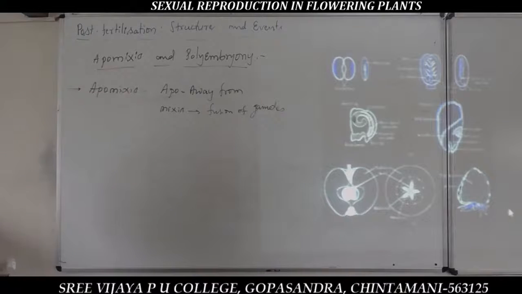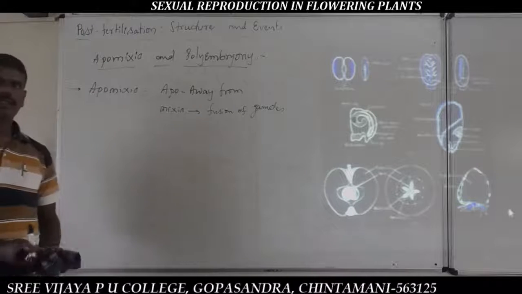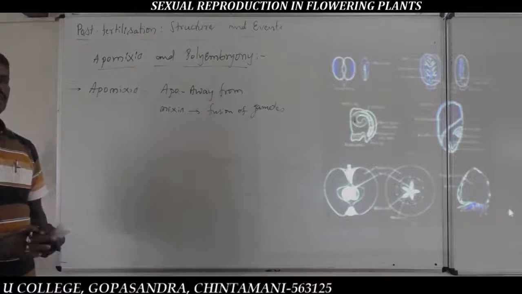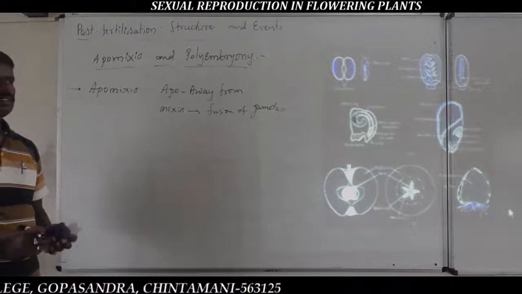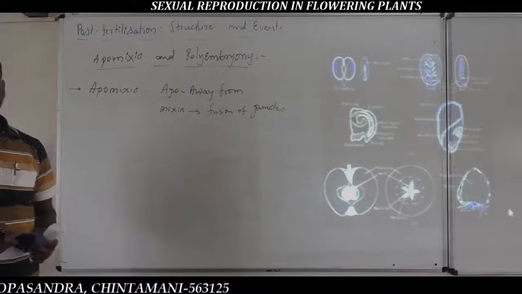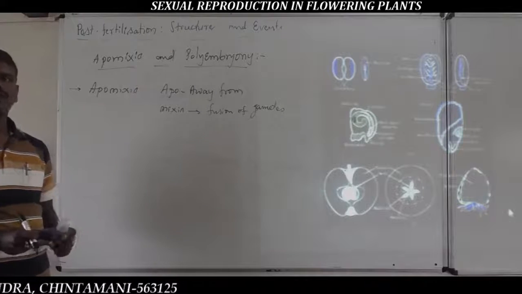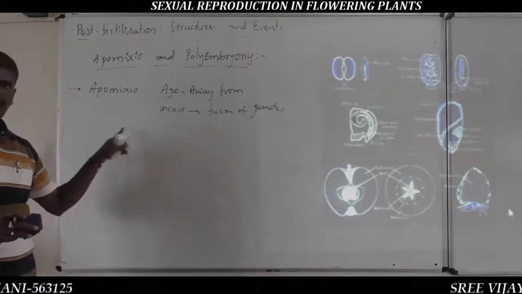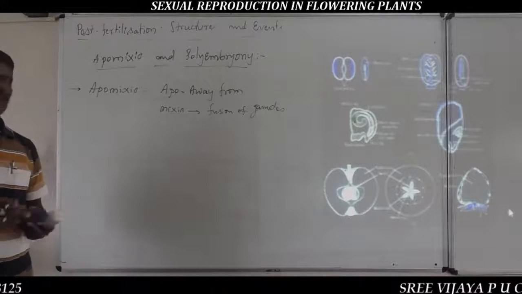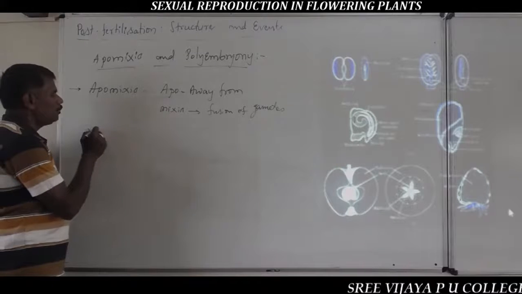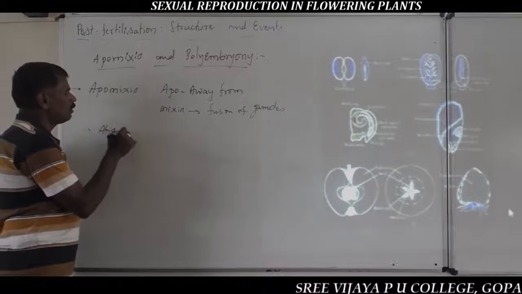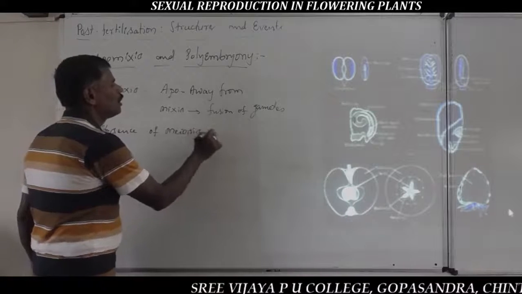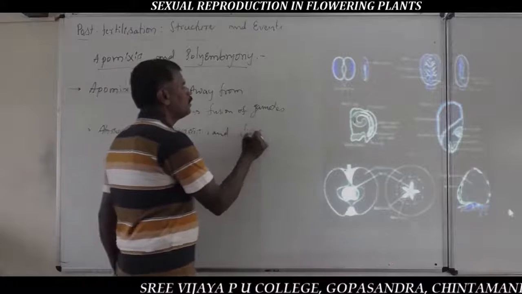So in most of the angiospermic plants, the seed is formed after fertilization, the ovules developing as seed. But in these, there is absence of meiosis and syngamy.